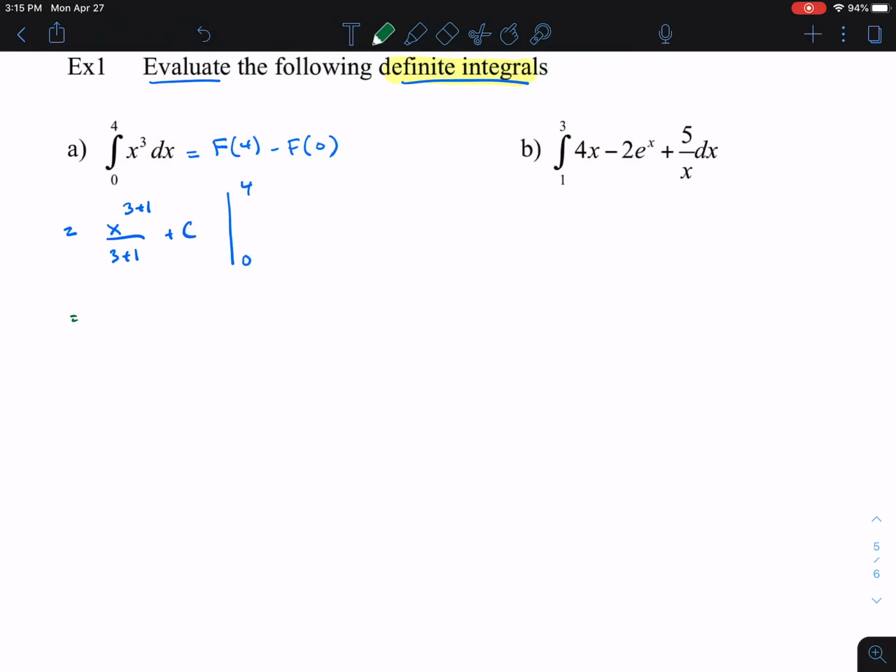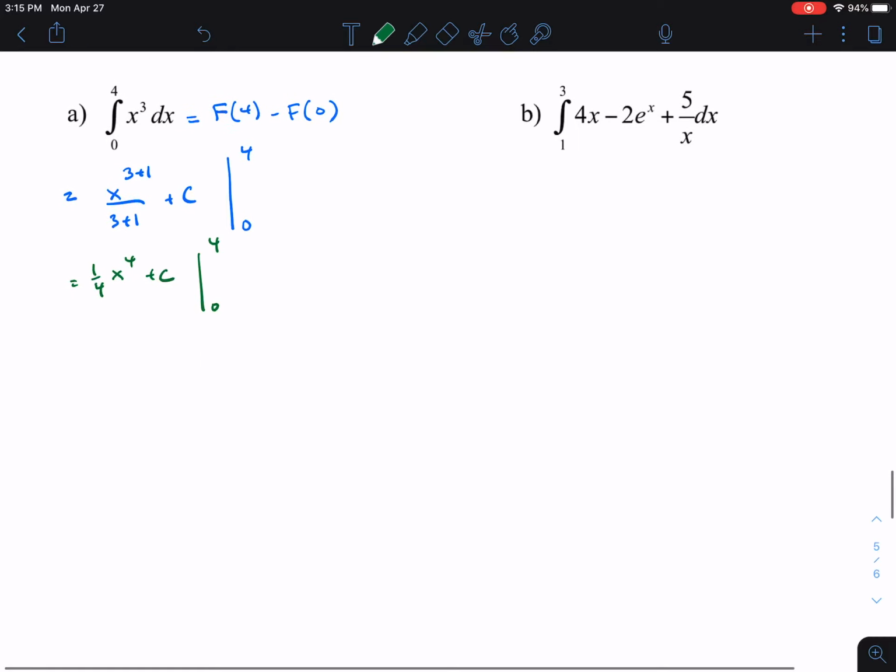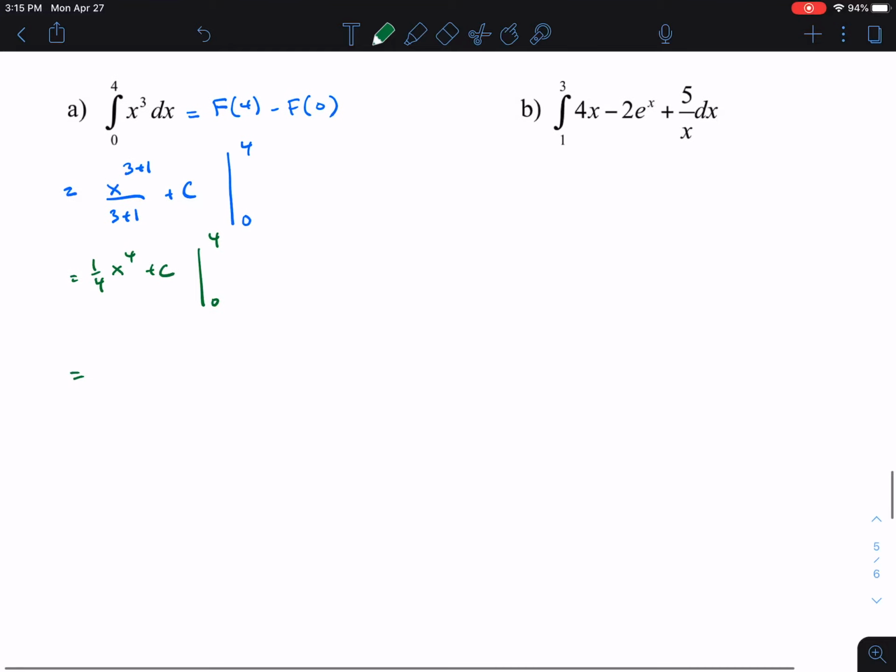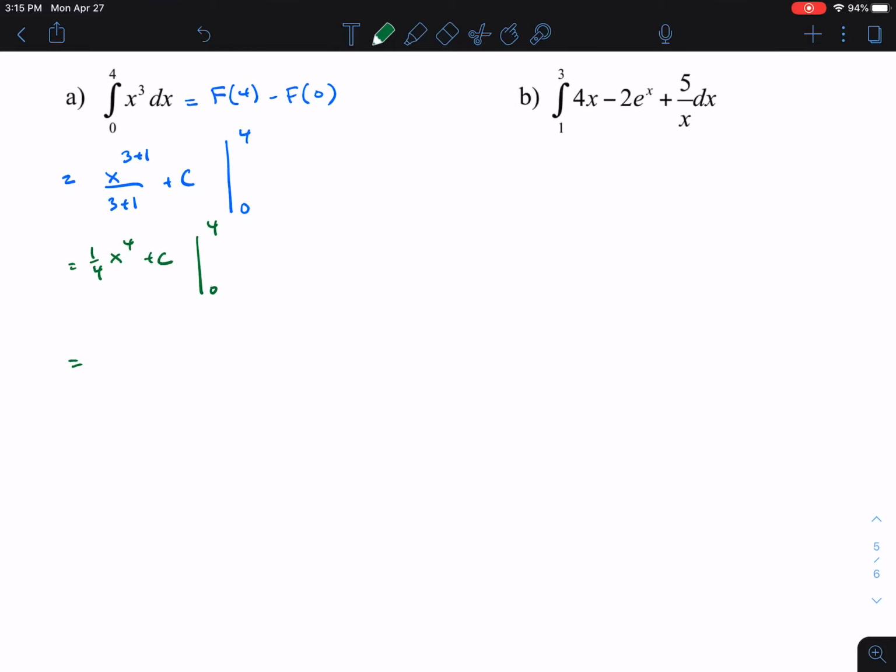All right, so we have x to the 4th and then 1/4 there plus c, evaluated from 0 to 4. I'm going to show you two different ways of writing this. The first one, I'm going to write how it is. I'm going to evaluate the 4 into the x, so that's 1/4 times 4 to the 4th power plus c, minus 1/4 times 0 to the 4th power plus c.